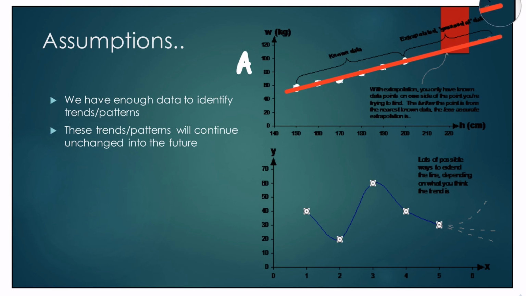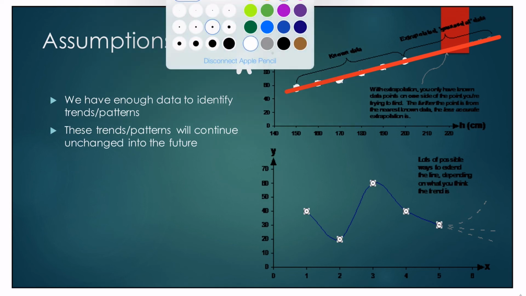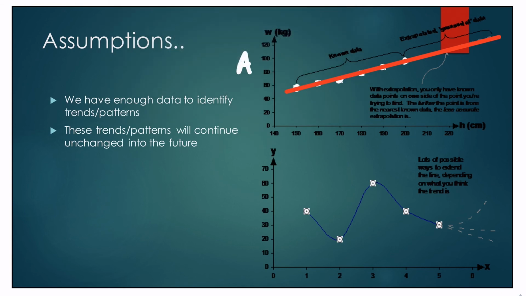And when we can be confident in our line of best fit, we can then be more confident about the quality of our extrapolation. And so on. So these points, if they're in the future, I'd be confident that my predictions will pretty much be correct, because of the strength of the data, the type of pattern, the type of relationship.